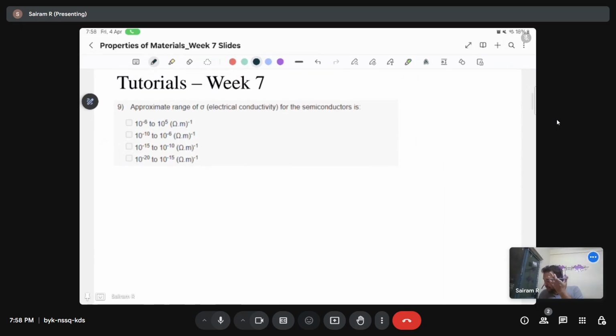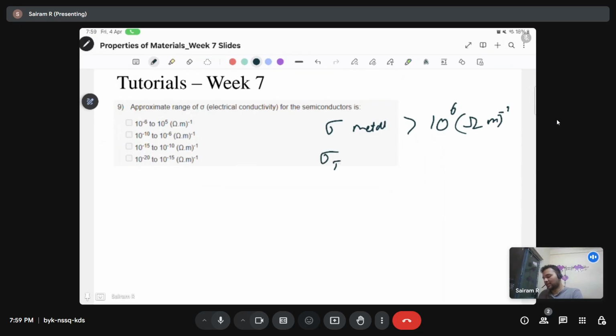What is the approximate range of sigma, the electrical conductivity, for the semiconductor? We know that sigma for metals is greater than 10 power 6 ohm meter inverse.